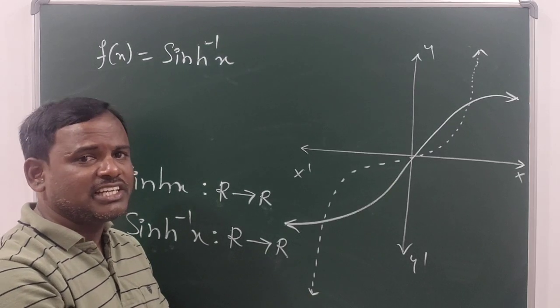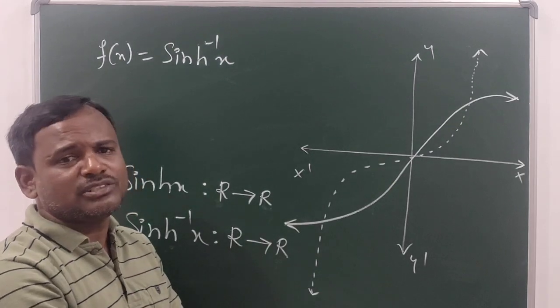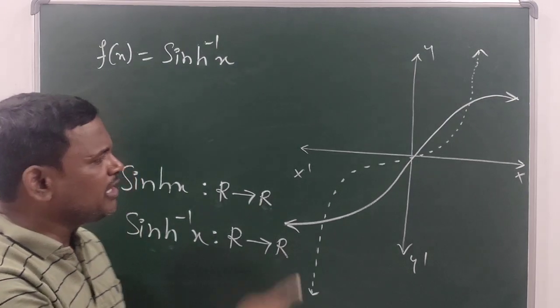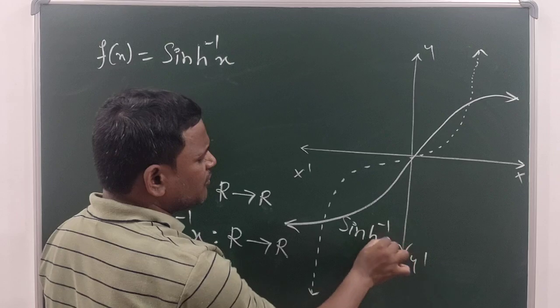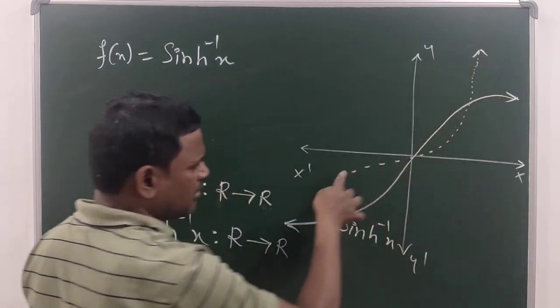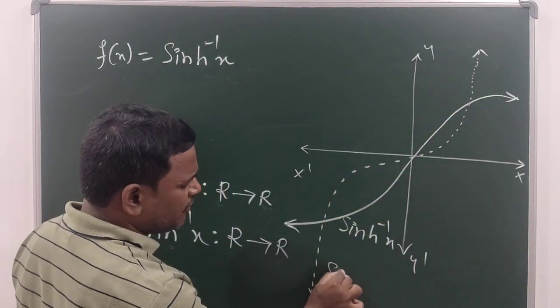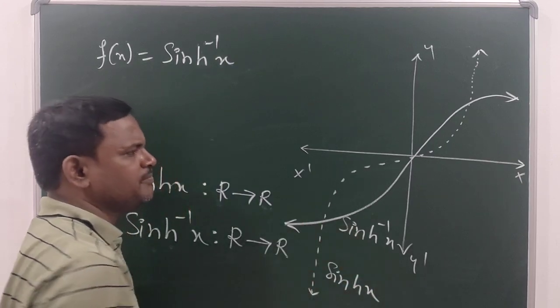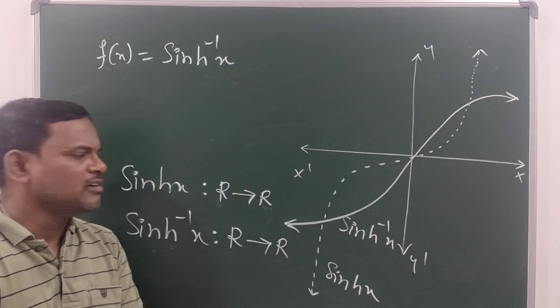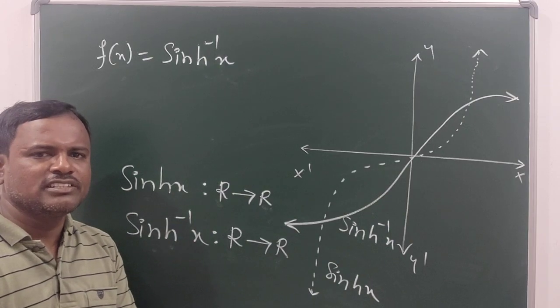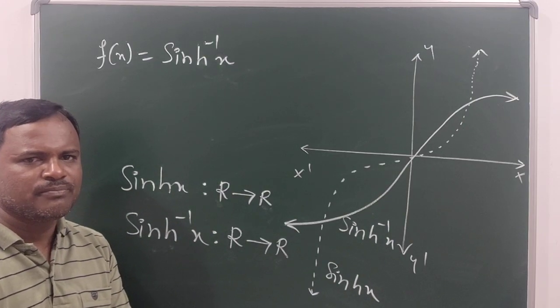If the function decreases, its inverse will also decrease. Here, this is the graph of sinh inverse of x, and this dotted curve represents the graph of sinh x. I hope you have understood these graphs of sinh x and sinh inverse of x.